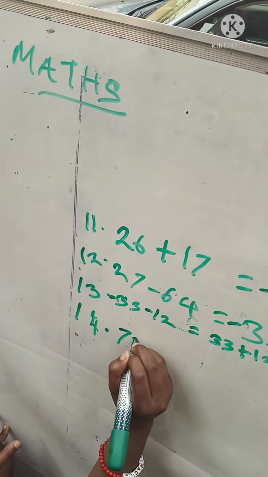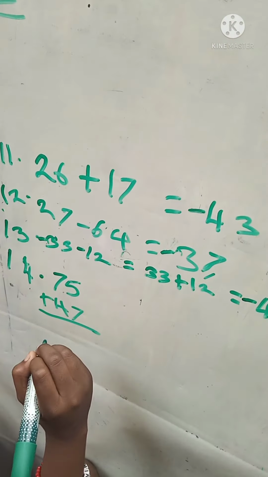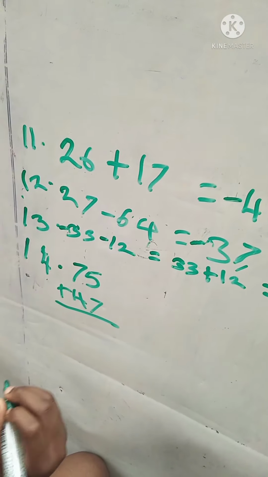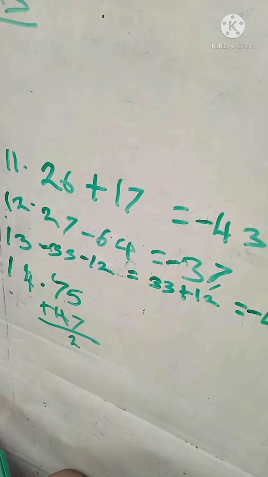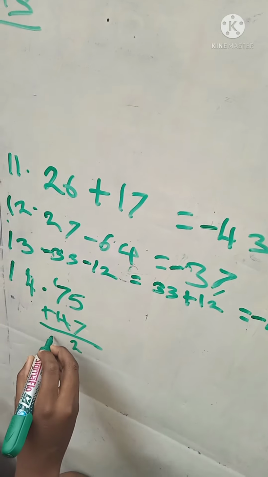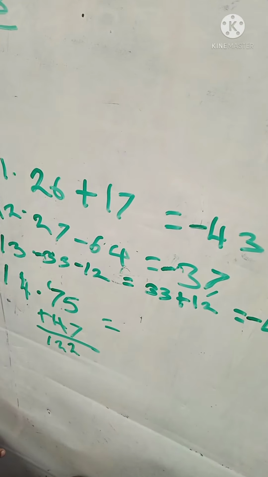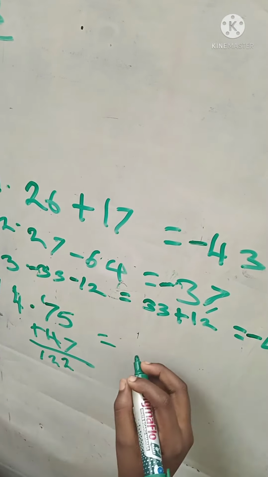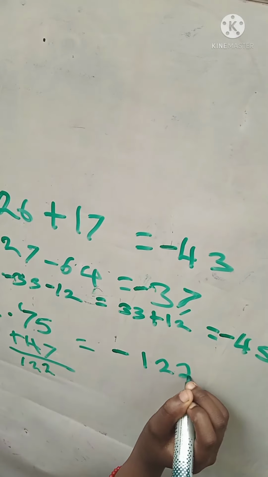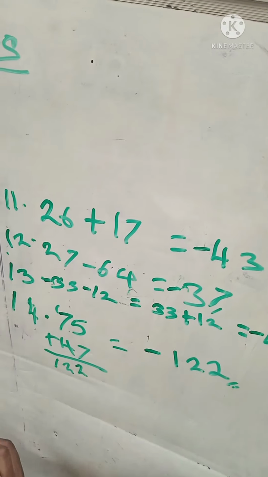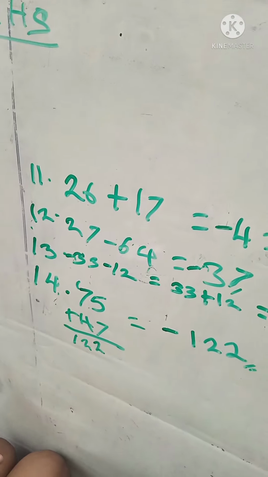You just do 75 plus 47. 7 plus 4 is 11, and that is 122. So that will be minus 122. That means what you did there is that since they have the same sign, you add them together and put the common sign, right?